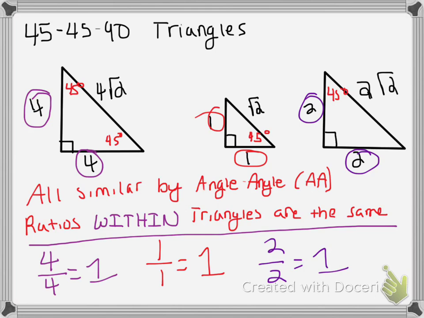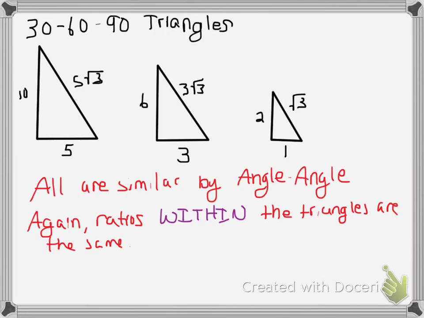So now let's look at 30, 60, 90. Same thing. All 30, 60, 90 triangles are similar to each other, and we're saying the ratios within the triangles are the same. So let's mark our right angles here, and then our 30 degrees, and we know the other one is 60.